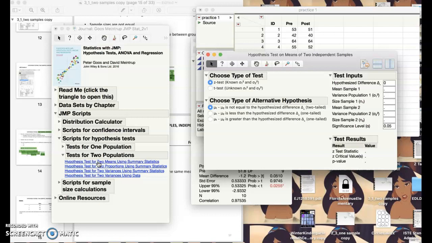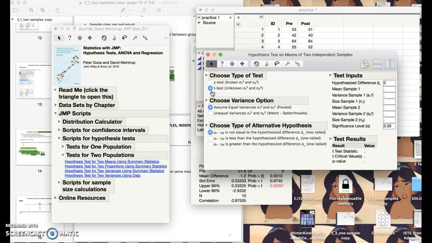Again, we have only summary statistics, so you don't go to analyze. You go to add-ins, script, hypothesis test, two calculation, and first one, the hypothesis test for two means using summary statistics. Just plug in numbers.